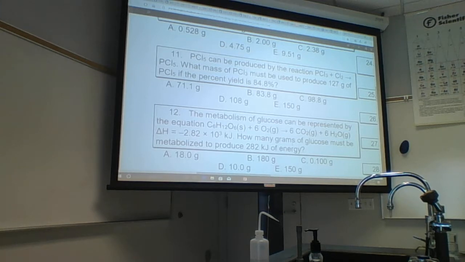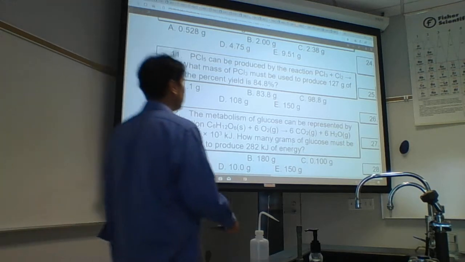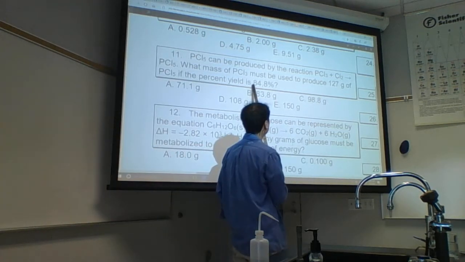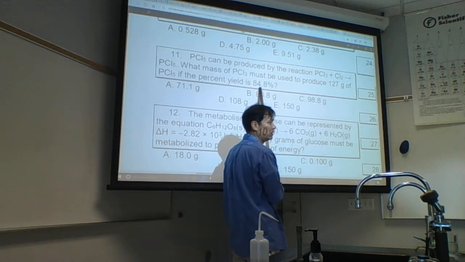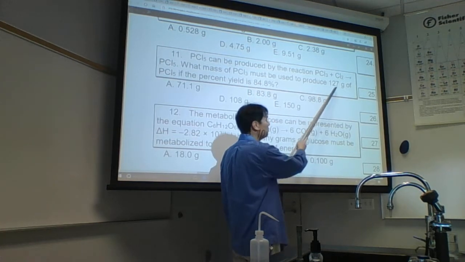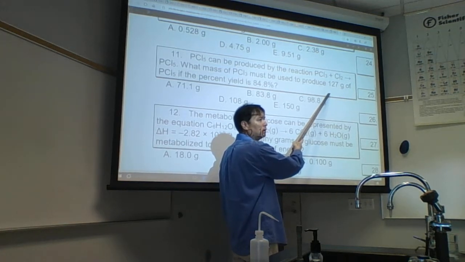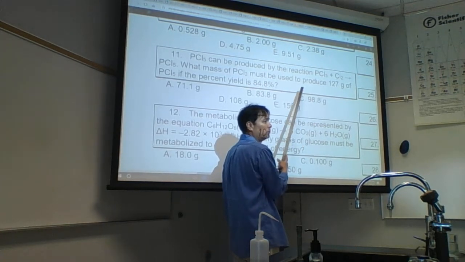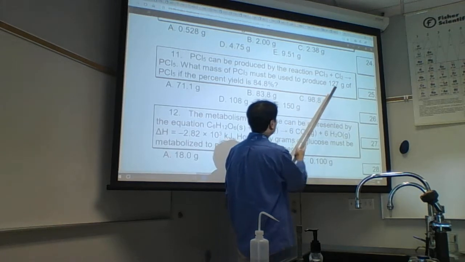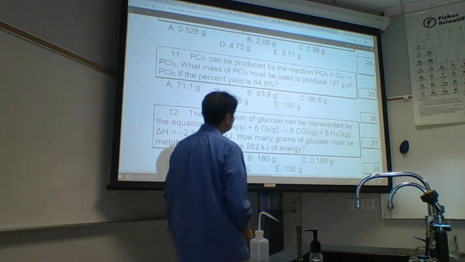So that means we have to make extra. If we want 127 grams, and we're going to lose about 15.2%, we've got to make more than 127 grams, right? Not less.